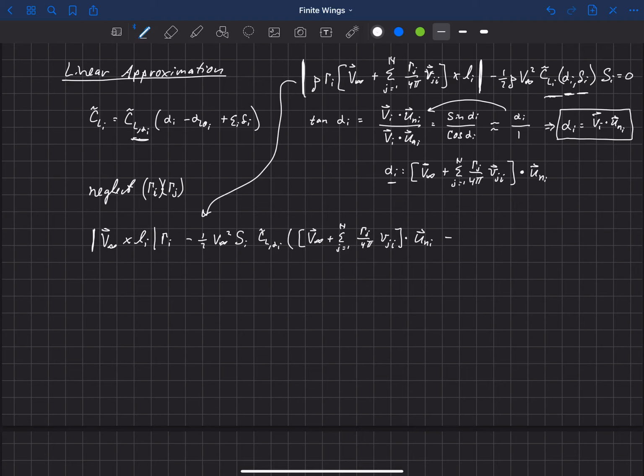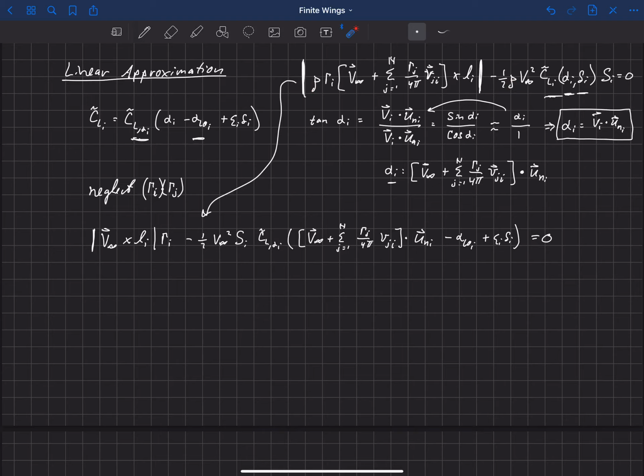And then we've got minus alpha L0i plus epsilon I delta I. Okay, and so that whole thing is equal to 0. Notice I dropped the density here and there. I think I got the rest of the terms in there.